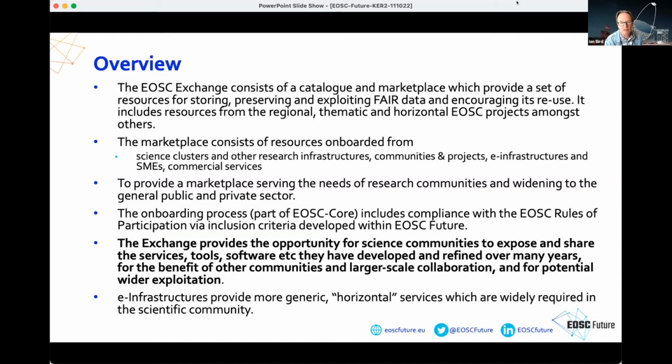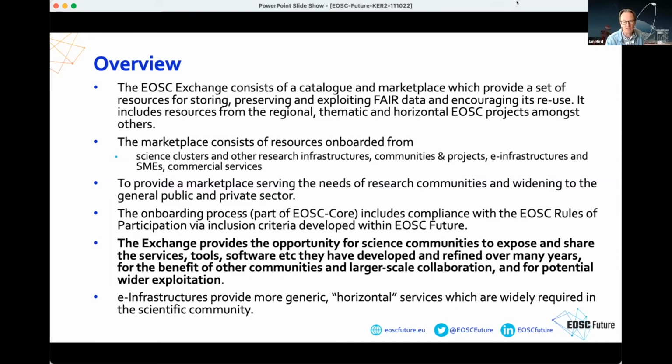And it provides a marketplace which serves the needs of other research communities, and it can be broadened out to the general public and eventually to the private sector. So the onboarding process, which is a part of the core, includes compliance with the EOSC rules of participation. So there are inclusion criteria which have been developed within the EOSC Future project.